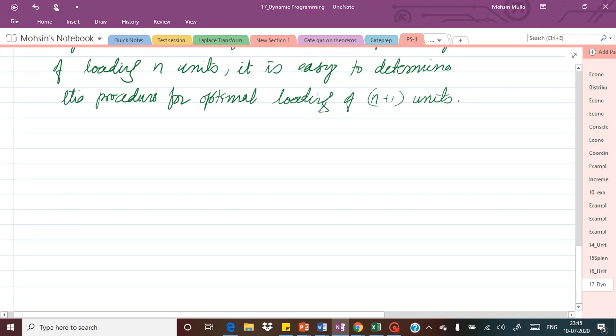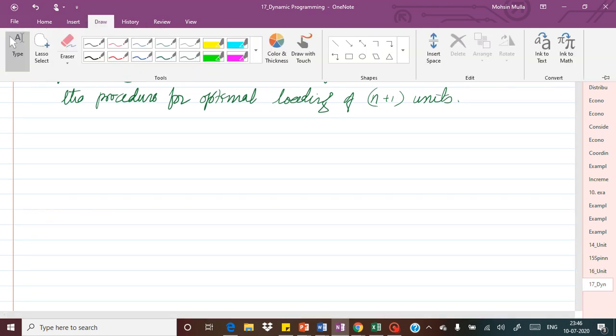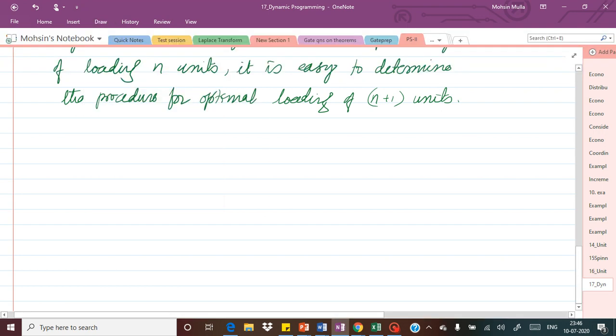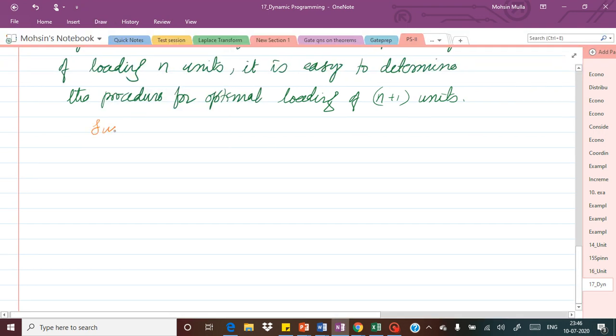Let us now try to determine a mathematical representation for this algorithm. Suppose we define the cost function Fn(x) as follows. What is Fn(x) here?